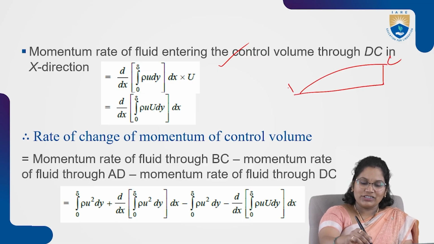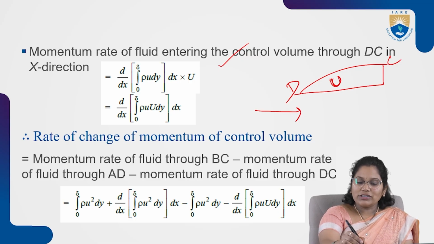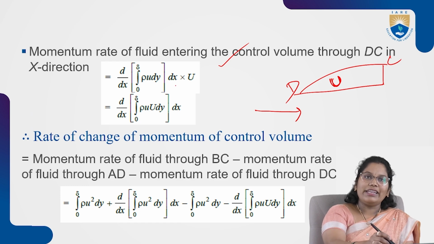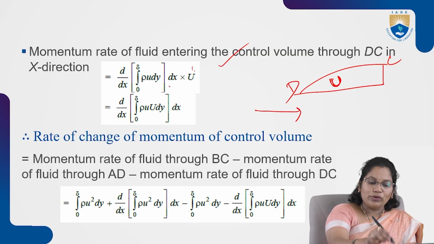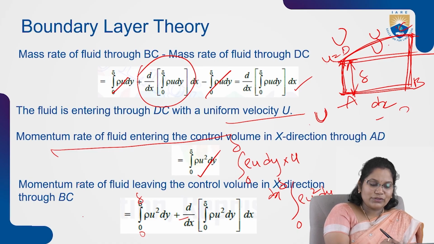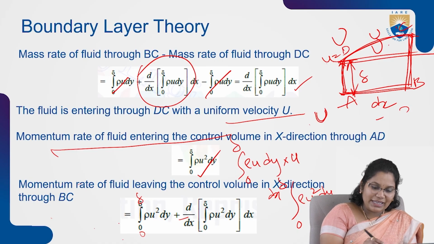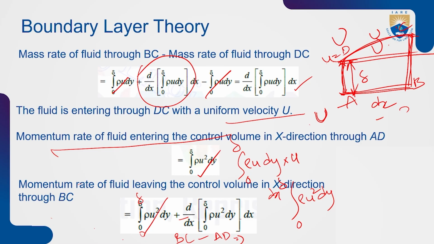The velocity in the x direction is capital U, so it is d by dx of the integration from 0 to delta of rho u dy into dx, into U. We get this by taking the momentum rate of BC minus AD; this and this get cancelled, and only d by dx of the integration from 0 to delta of rho u square dy into dx remains.